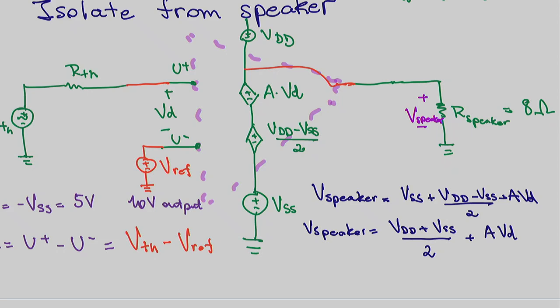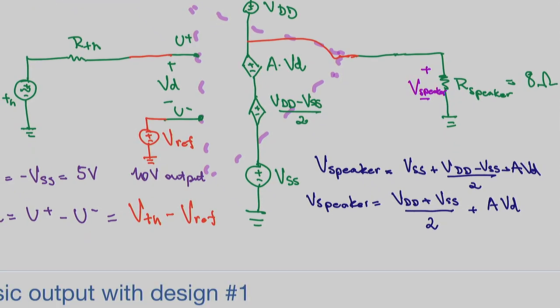Now we know that this analysis is true when we have our gain multiplied by U plus minus U minus in between the rails. This was our definition and our design of the op-amp, because we put the rails there, those two known voltages, to know that our output is going to be in between.